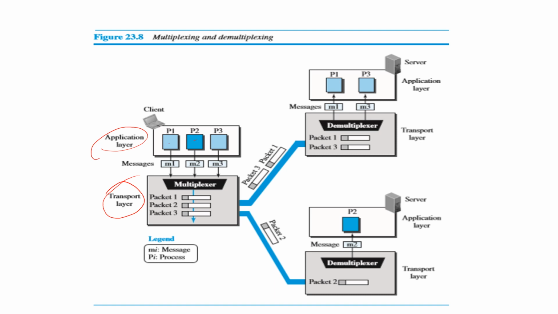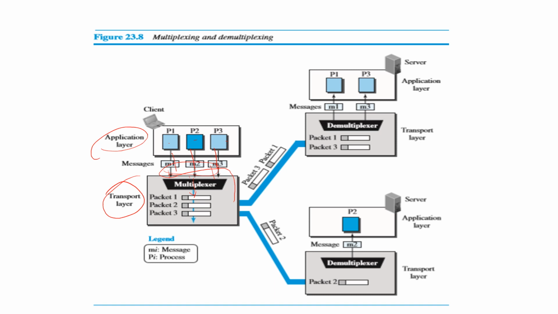There are many processes defined at the application layer, all ready to send information, and the transport layer receives all these packets. It receives them multiplexed. Many processes are given to the multiplexer, and each one is received one after the other. So it is a many to one concept, that is multiplexing.